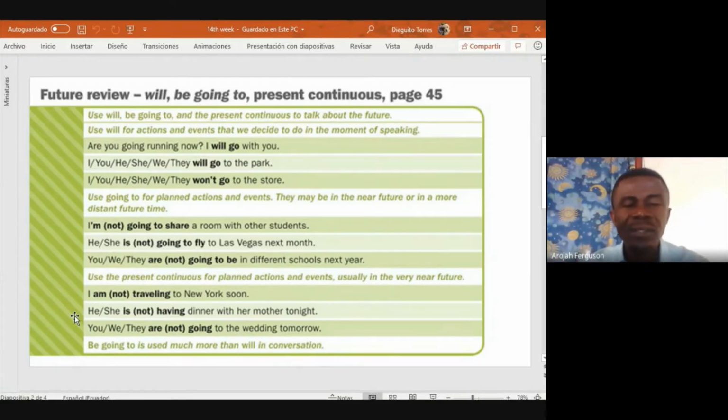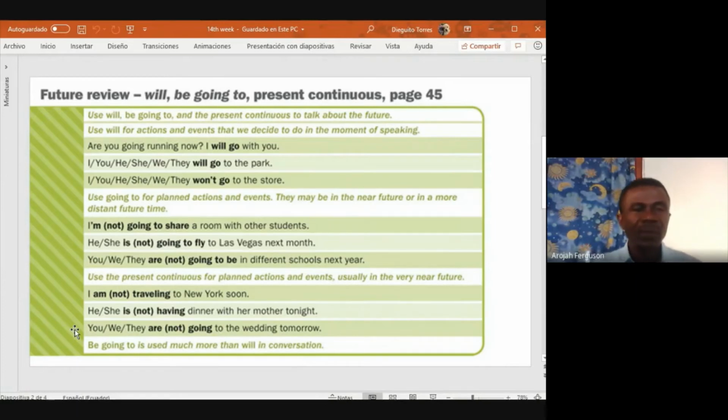We are not going to the wedding tomorrow, or they are not going to the wedding tomorrow. Now here, it's also in the negative because you have not in brackets, so you can change them to positive. Then you have we are going to the wedding tomorrow, or we are having dinner with our mother tonight, or I am going to New York very soon.